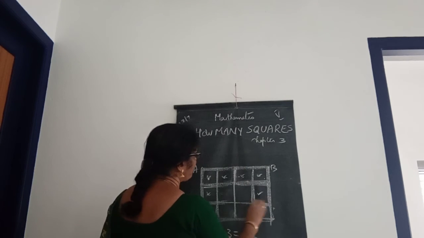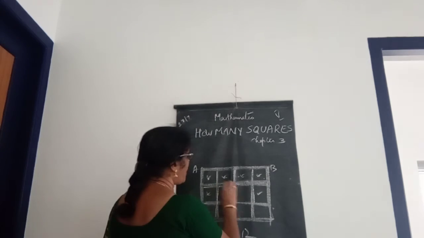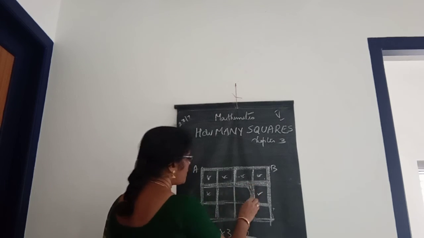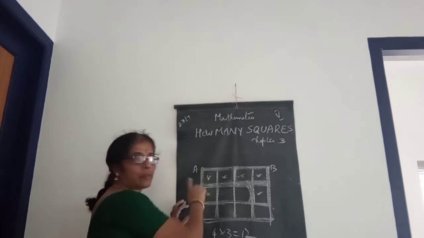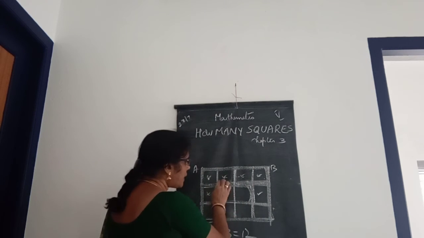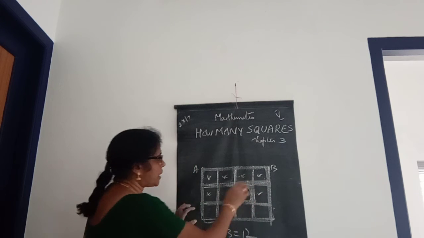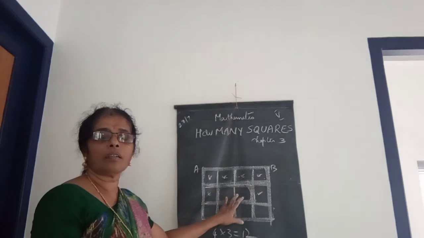If we put a stamp here, this is a square paper. In that square paper there is a rectangle. In that rectangle we will paste or keep one stamp.